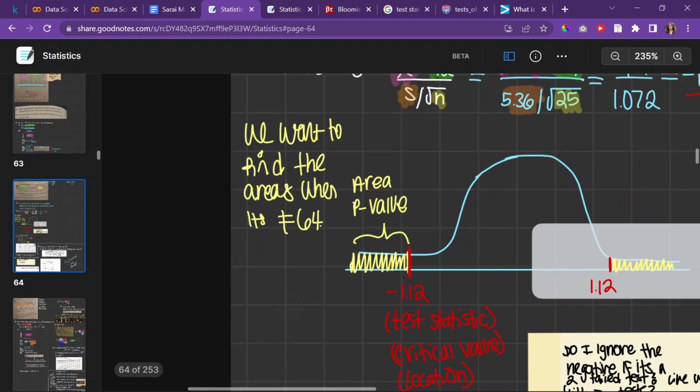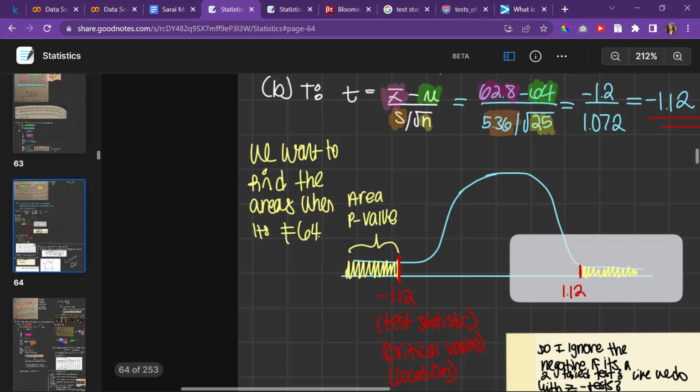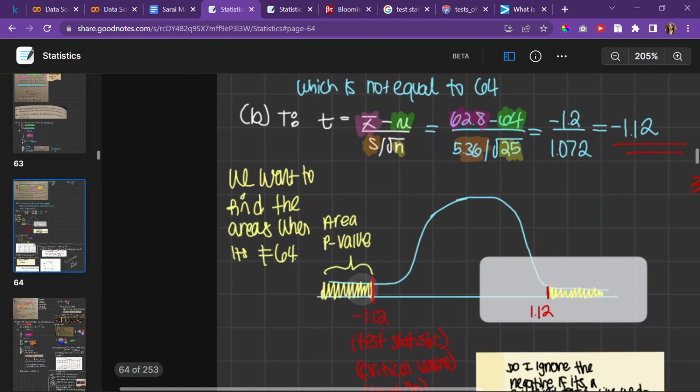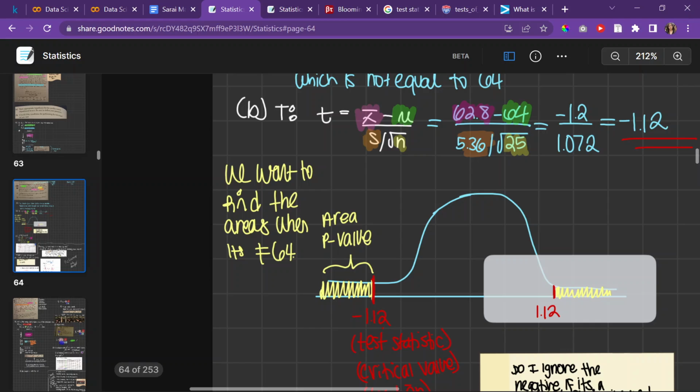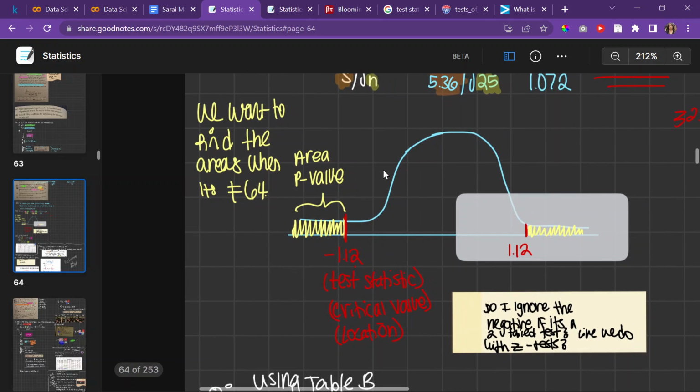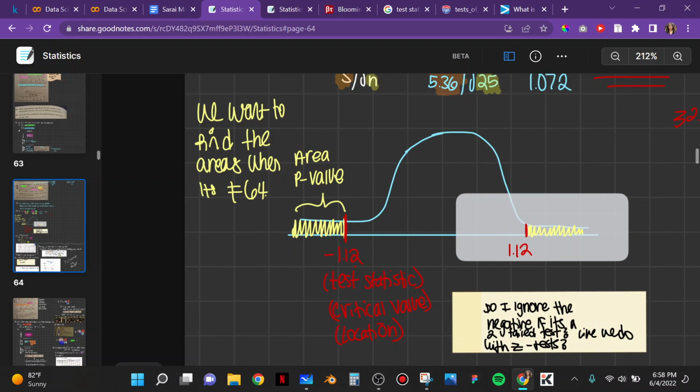The area when it's not 0. So this is the area when it's not 0 in my case, and this is the area when it's also not 0. Oh, you're joking, right? Literally.